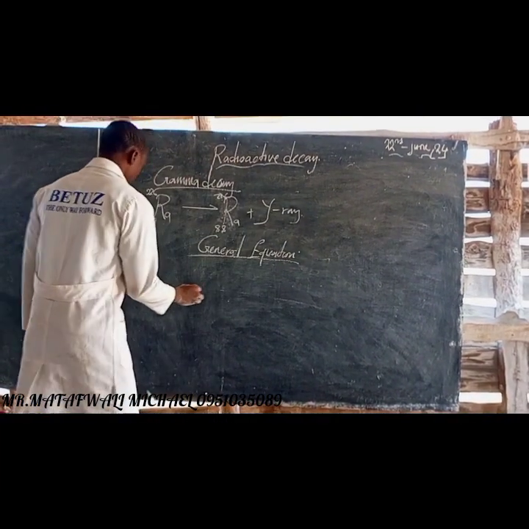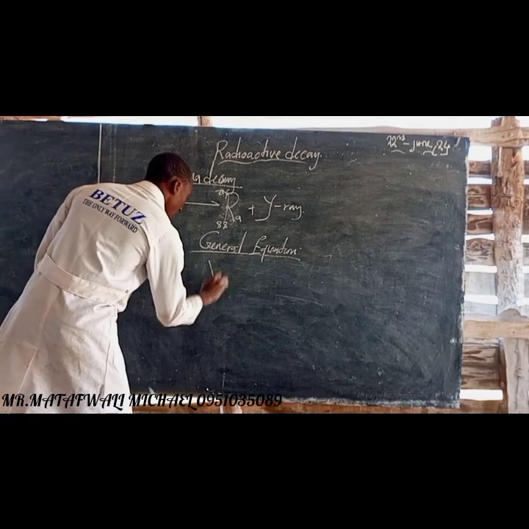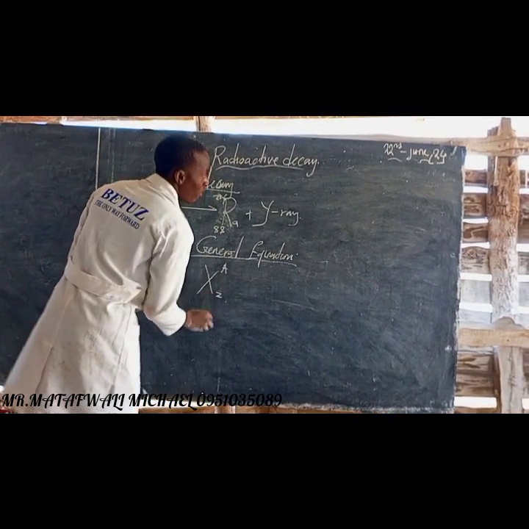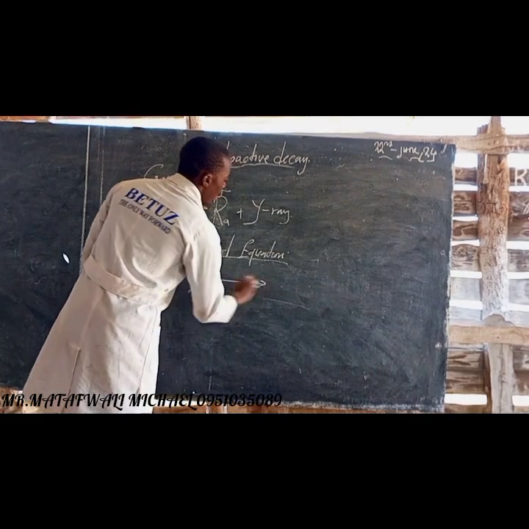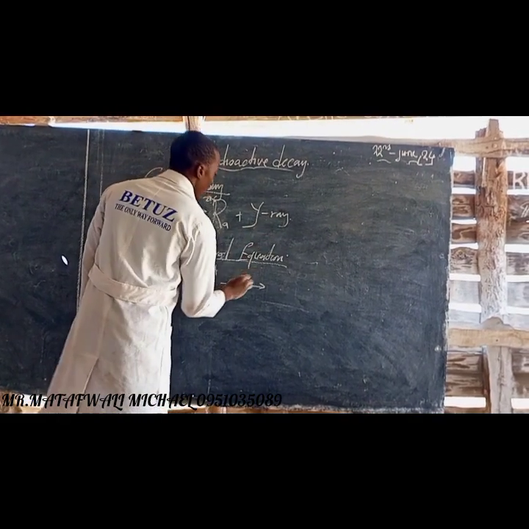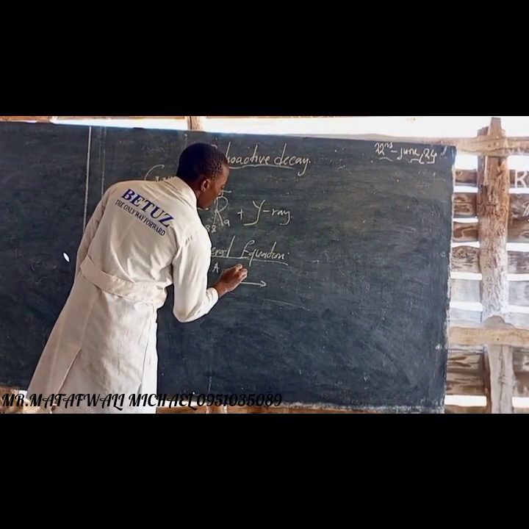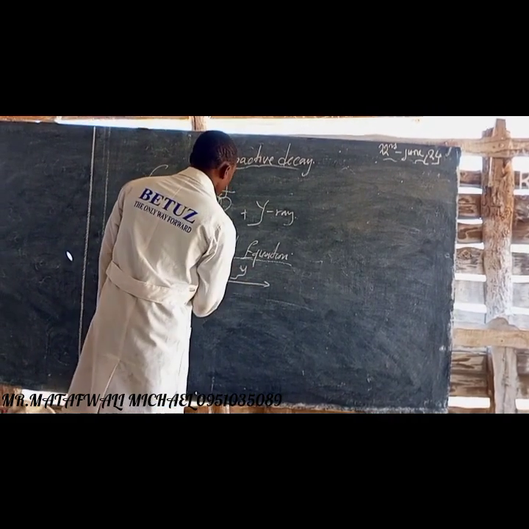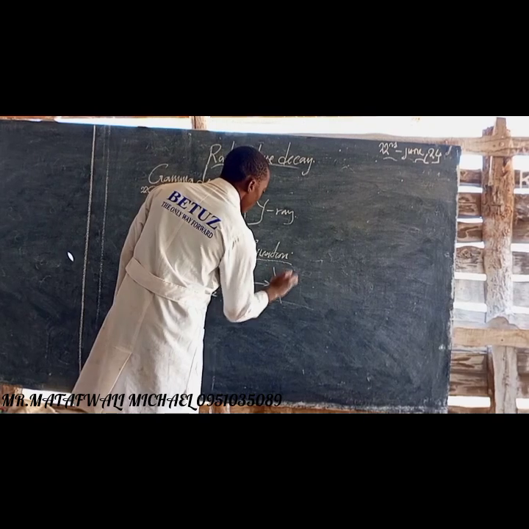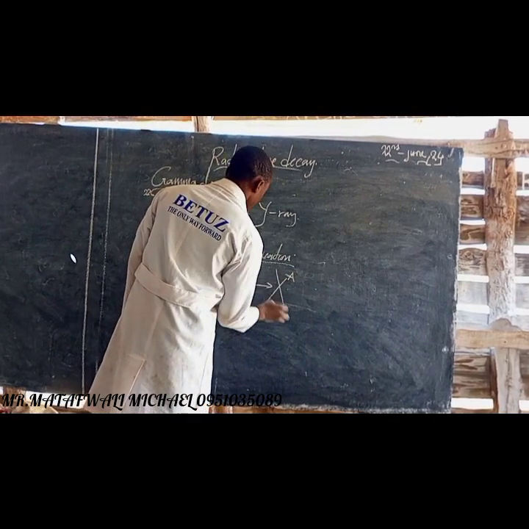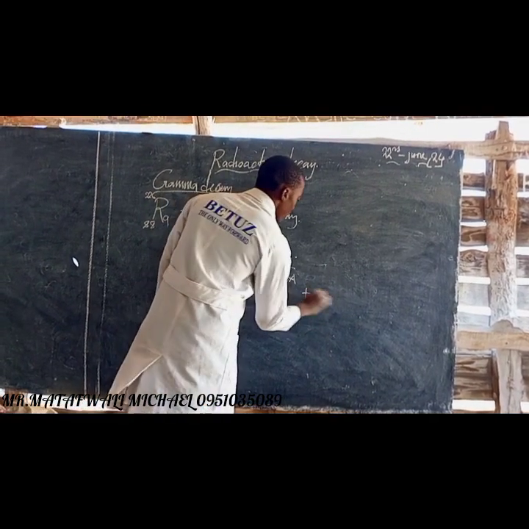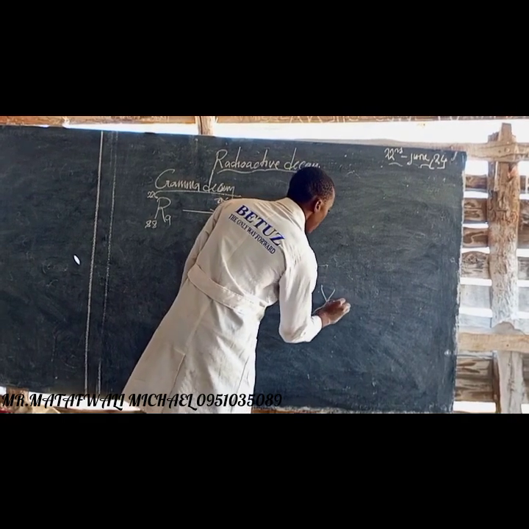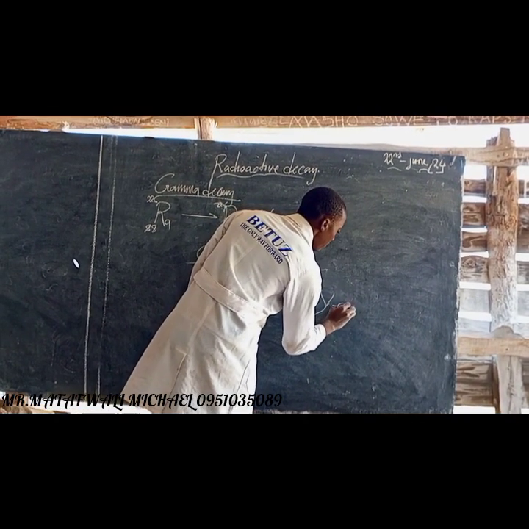We are going to use X, then the mass number A, number of electrons Z. When an element emits a gamma ray, the mass number remains the same. So we are going to write A, then Z here, then the symbol for a gamma ray.